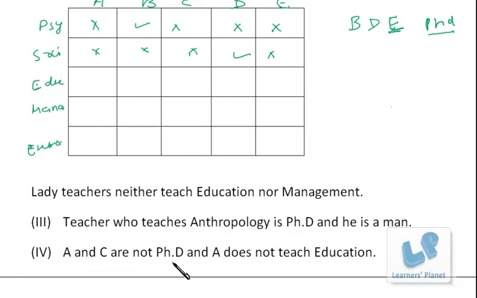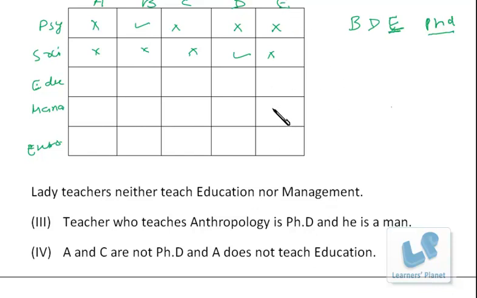A and C are not PhD, but a person who teaches anthropology is PhD, and apart from that B and D were also PhD. So B teaches psychology, D teaches sociology. That means the third person who is PhD should be E, because A and C are not PhD. That means E is a person having PhD and he teaches anthropology.